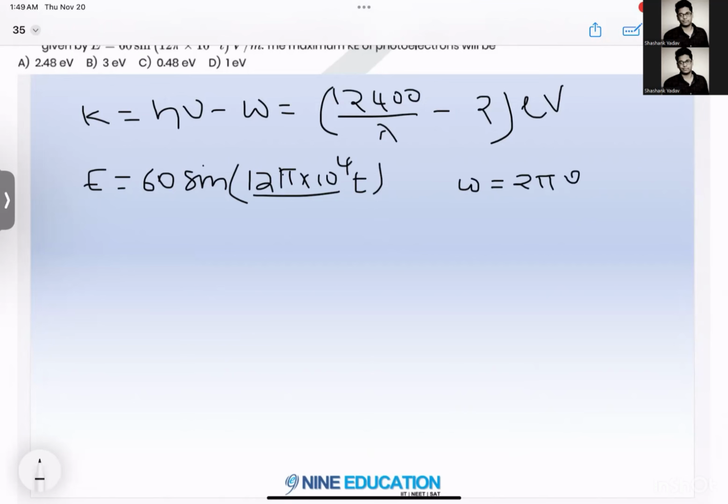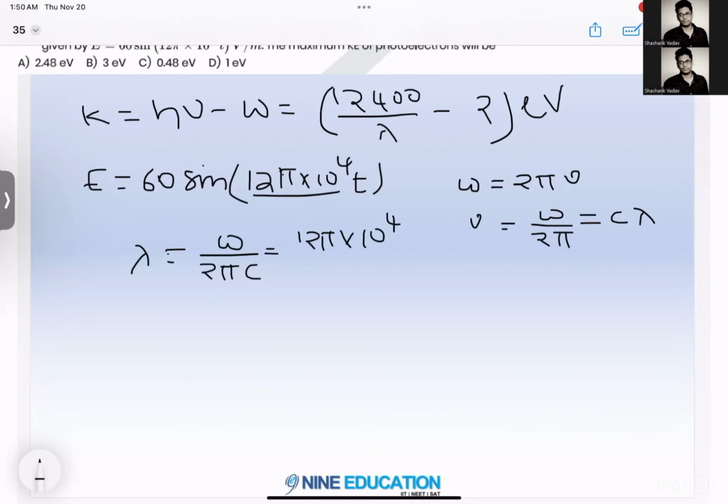From here we'll get the frequency is equal to omega by 2 pi, and lambda is c divided by that. Omega here is 12 pi into 10 power 4, 2 pi, and c is 3 into 10 power 8. We will get lambda is approximately 5,000 angstrom.